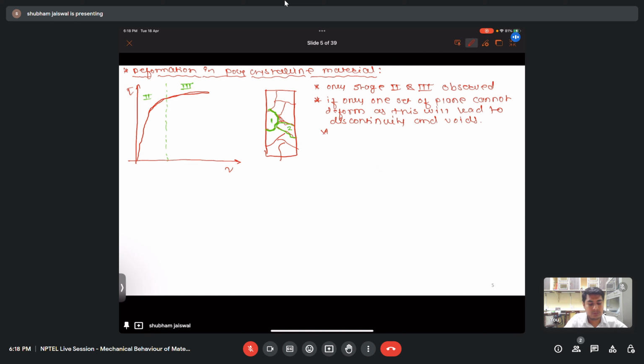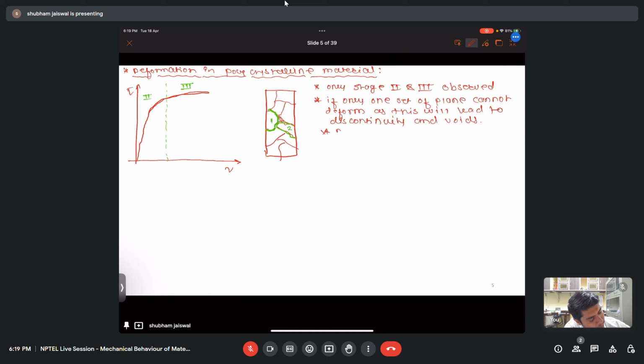And again, if you need to maintain this continuity, the minimum number of independent slip systems required are two in case of a 2D material, and in case of 3D, we require a minimum of 5 independent slip systems.